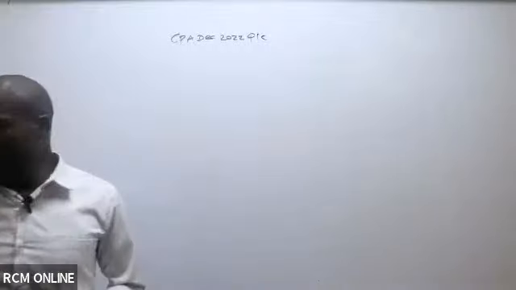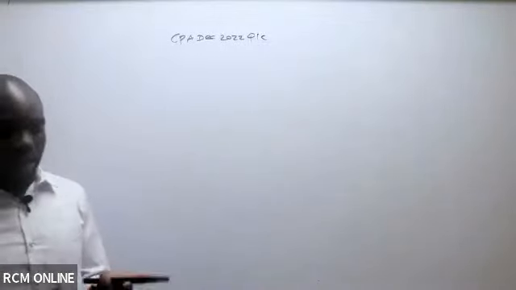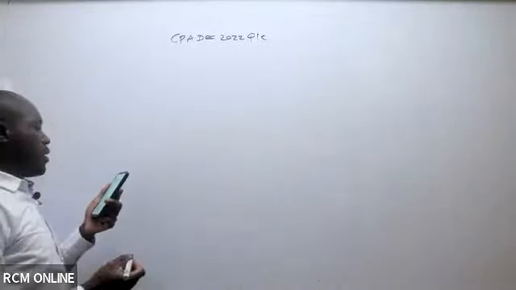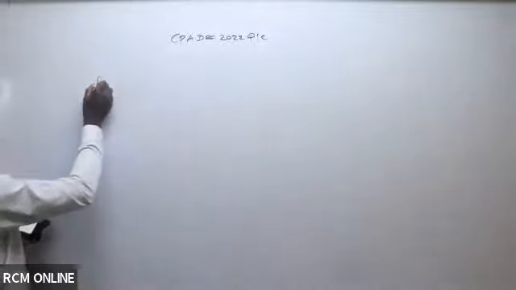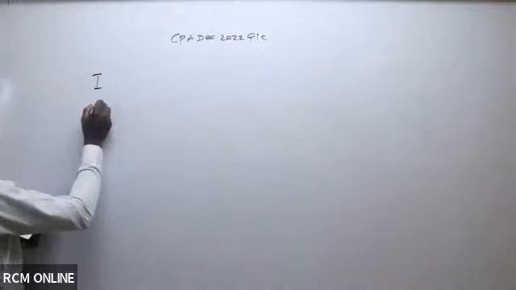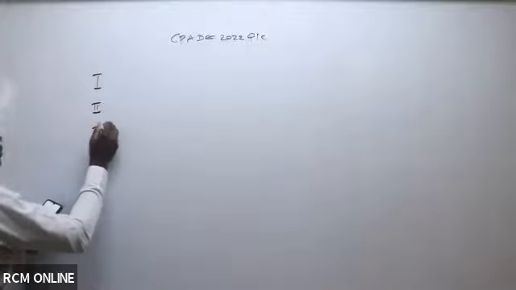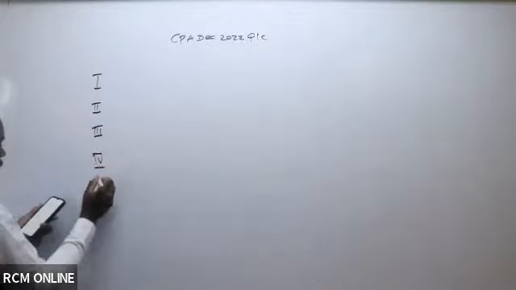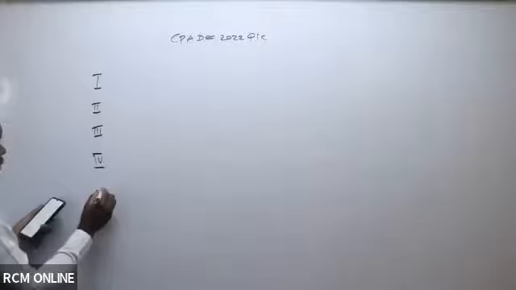So what I want us to look at here is basically the range. So we have range 1, range 2, range 3, range 4, and then range 5, right?